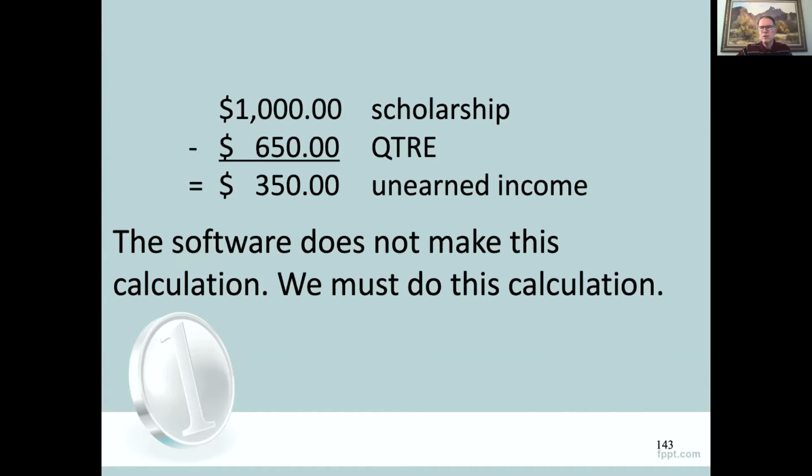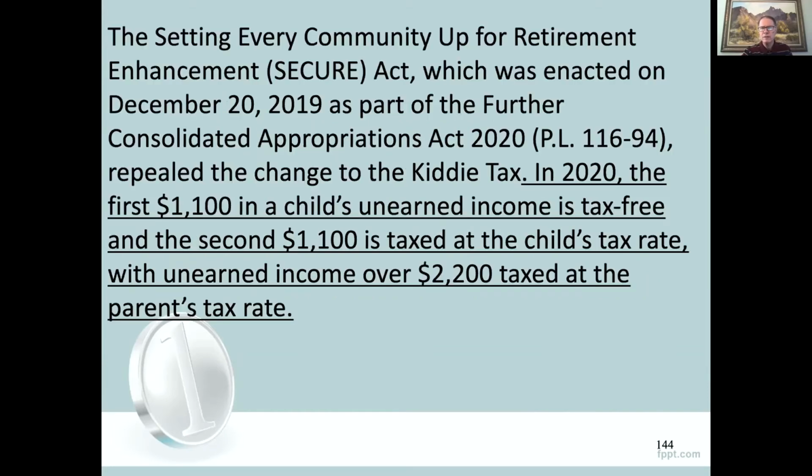We have to subtract the qualified expenses, and we come up with unearned income. Under the underlined part, in 2020, the first $1,100 in a child's unearned income is tax-free. The second $1,100 is taxed at the child's tax rate, and any unearned income over $2,200 is taxed at the parent's tax rate, and that is called the Kiddie Tax.